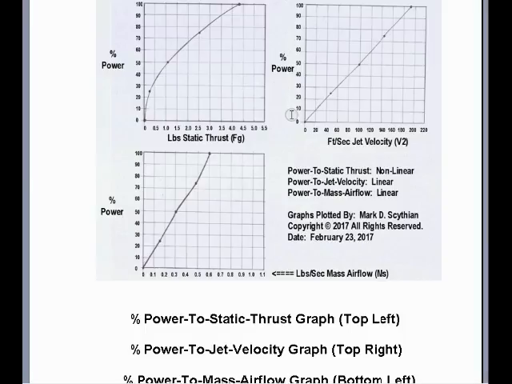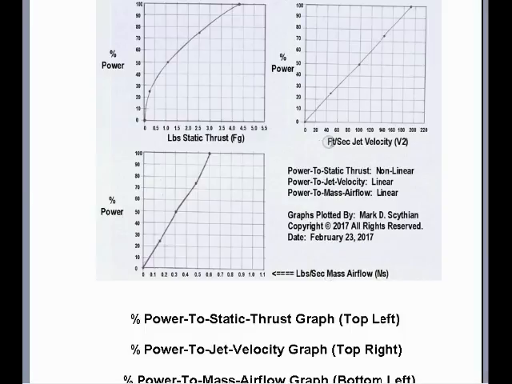However, if we look at the power to jet velocity graph on the top right, we have relatively a linear progression between power increase and jet velocity, and the same is somewhat true for the power to pounds per second mass airflow.